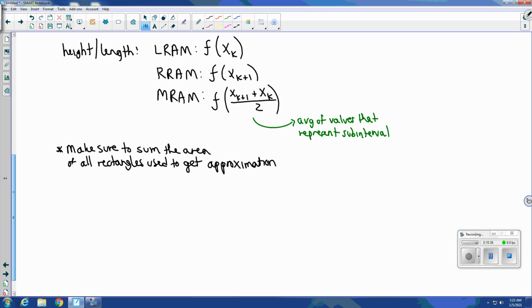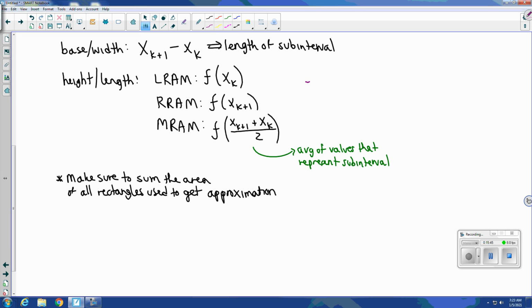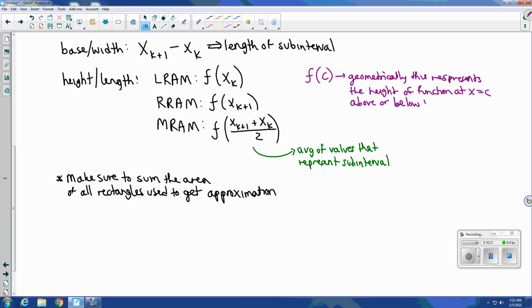And we want to note about this function output. Let's make a little note here. Just in general, a good thing to know is that if we take a function output at some point c, geometrically, this represents the height of the function at x equals c above or below the x-axis.